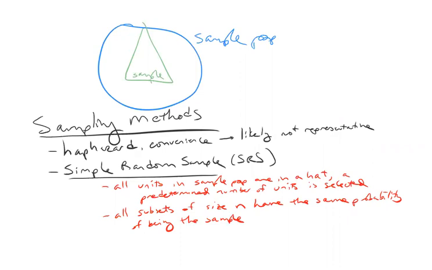Okay, so suppose I'm going to draw 50 Wellesley students. Every subset of Wellesley students of size 50, every set of 50 Wellesley students that I could think of has the same probability of being my sample.